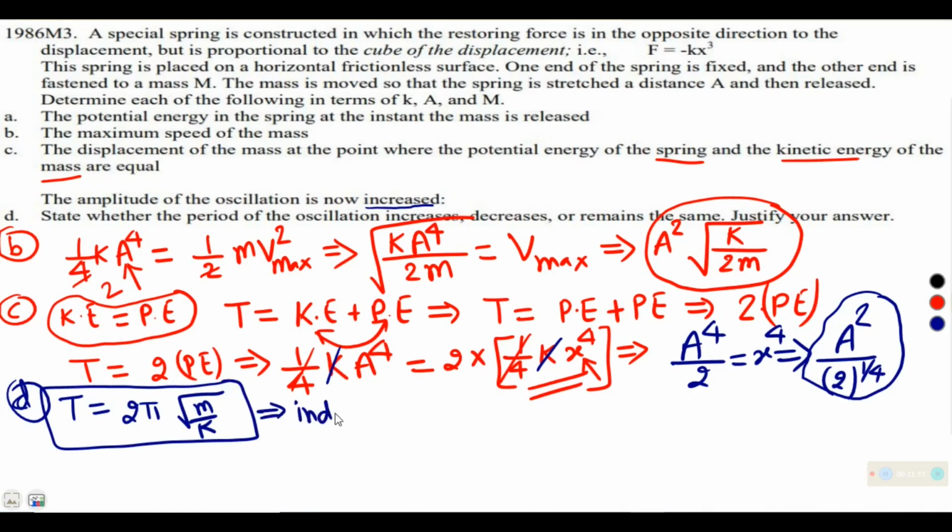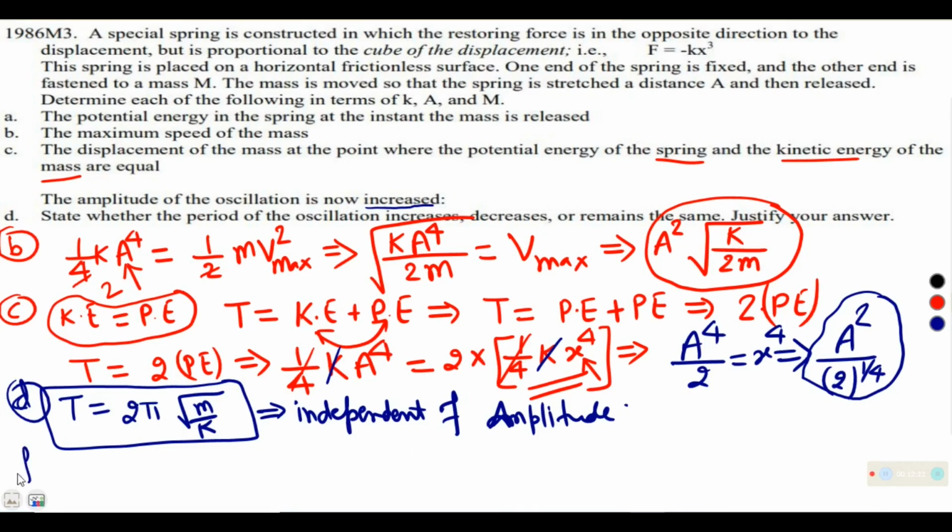There is no term of amplitude. But in the question it is asked what will be its time period when we increase its amplitude. It means there is a relation between amplitude and time period. So this is not a case of simple harmonic motion.